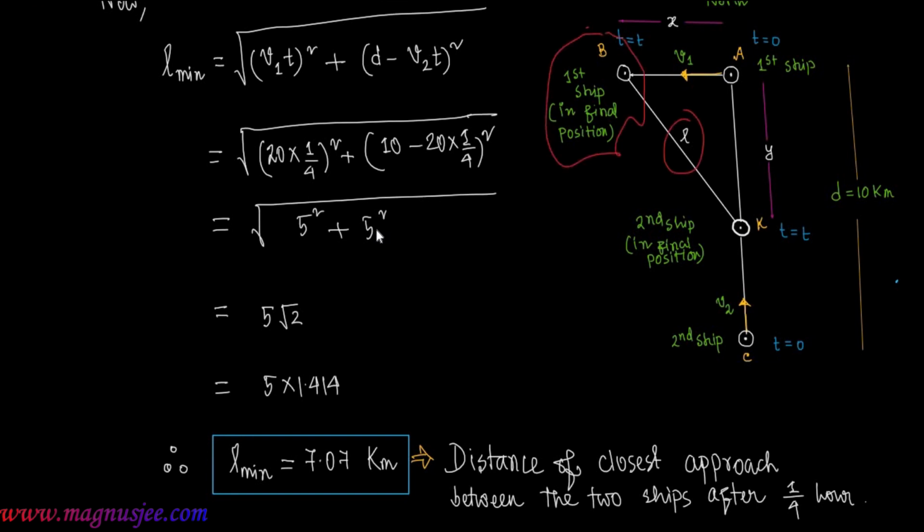Now L is the distance of closest approach between the two ships at their final position, and this L is equal to 7.07 kilometer.